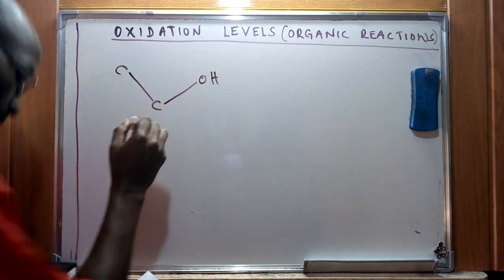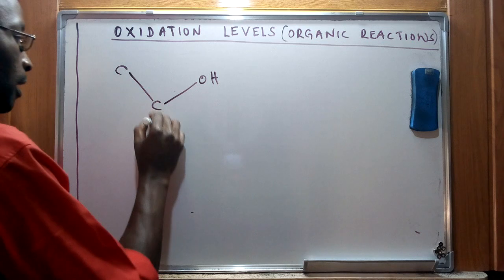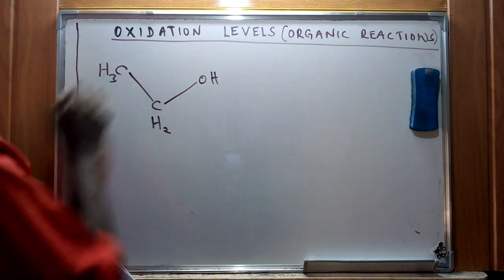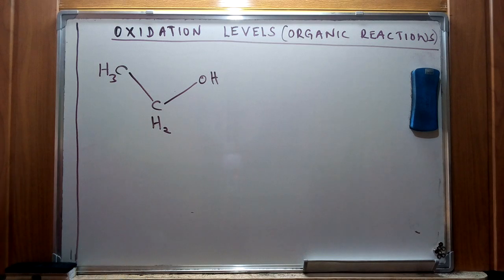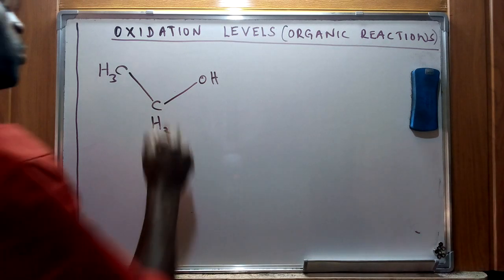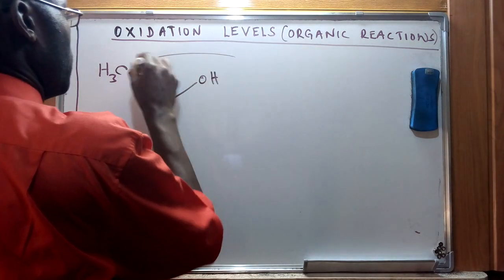In this case, we have a carbon, and this is the primary alcohol that we used as an example in our first case. So we're going to have H3 at that specific point. In identifying these oxidation numbers, we said there are various rules, and we said that for each attached hydrogen, we're going to assign a -1. So we're going to identify the hydrogens attached at this carbon number 1.